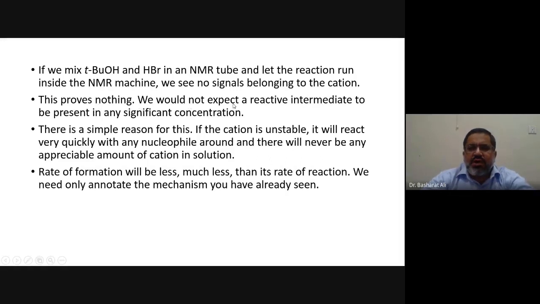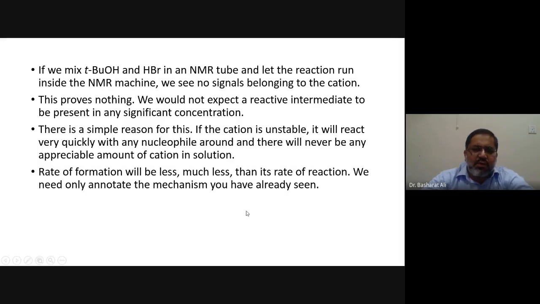We would not expect a reactive intermediate to be present in any significant concentration. There is a simple reason for this. If a cation is unstable, it will react very quickly with any nucleophile around, and there will never be any appreciable amount of cation in the solution. The rate of formation will be much less than the rate of reaction.